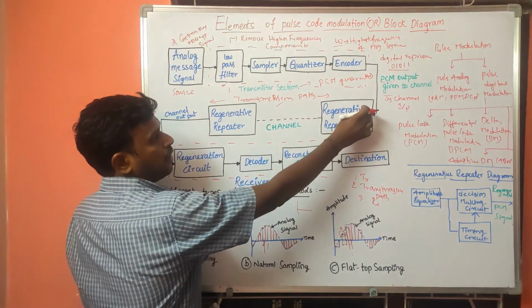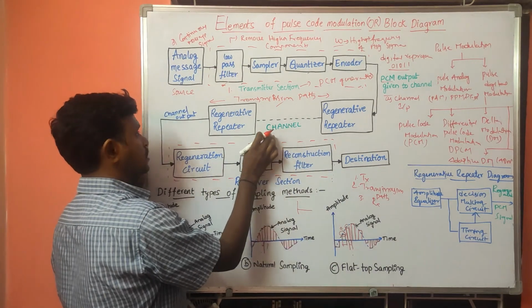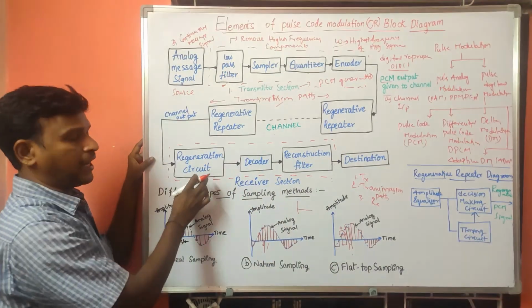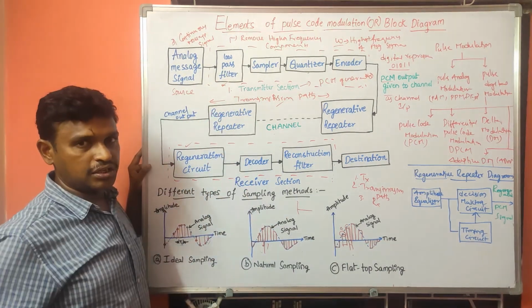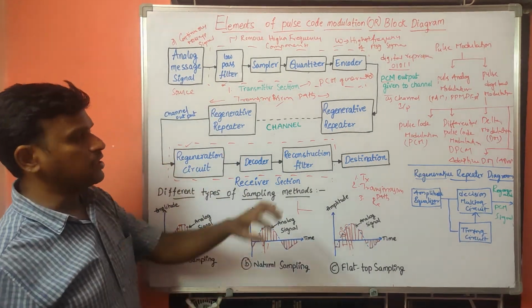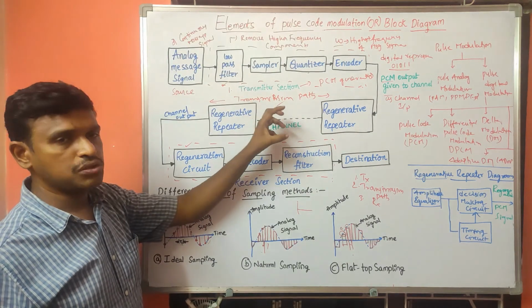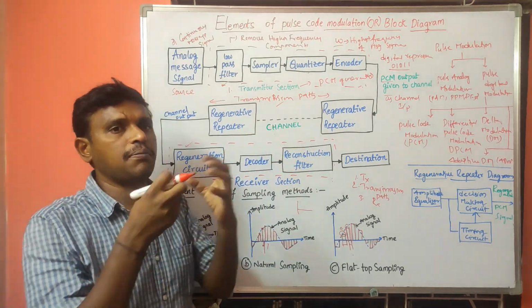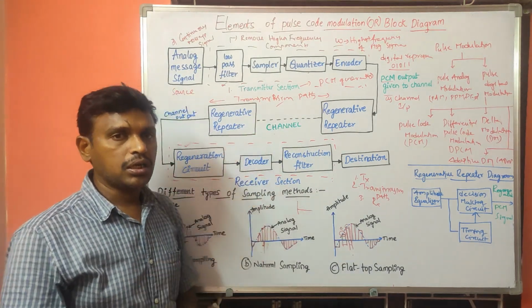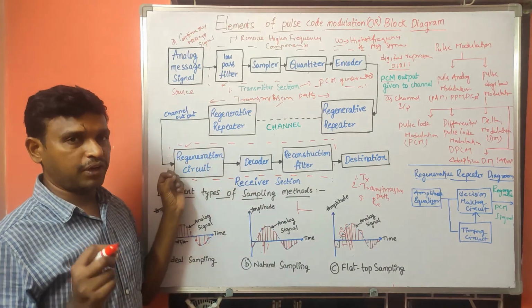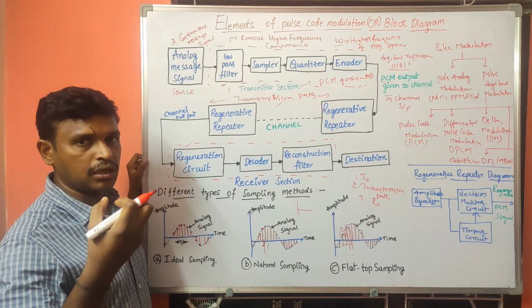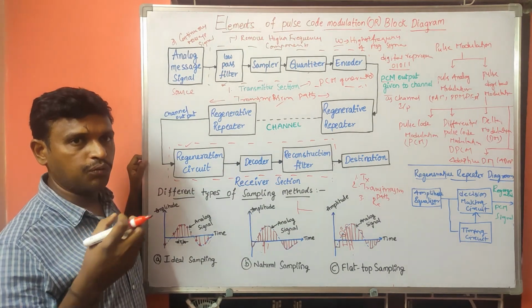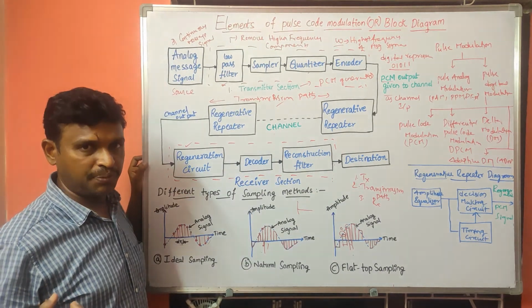Here the output is given to the channel, and the channel output is given to the regeneration circuit again. This is the regeneration circuit, because whatever regenerative repeaters you use, they will reduce only some part of the noise effect, but the output of the channel will still be affected by some noise. So from that noise-affected signal, we have to regenerate the PCM signal.